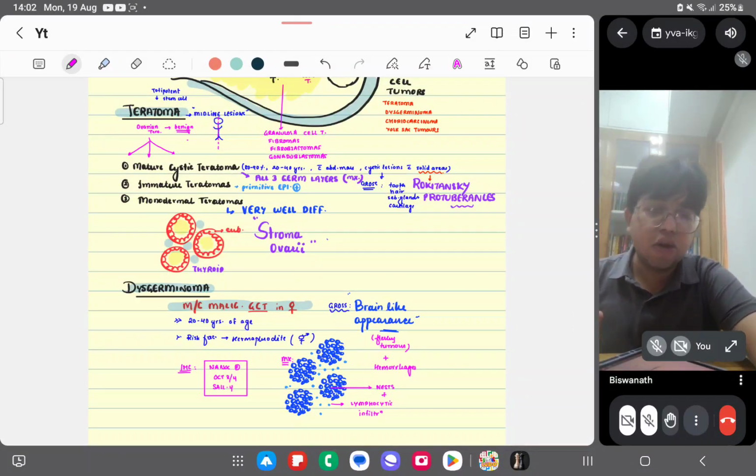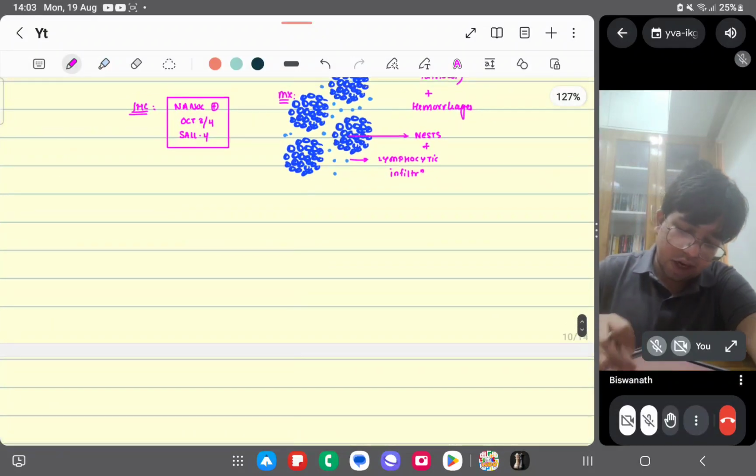Let's now move to the yolk sac tumors, and we'll see a very special body here in the yolk sac tumor. It's called the Schiller Duval bodies, or the glomerular bodies.